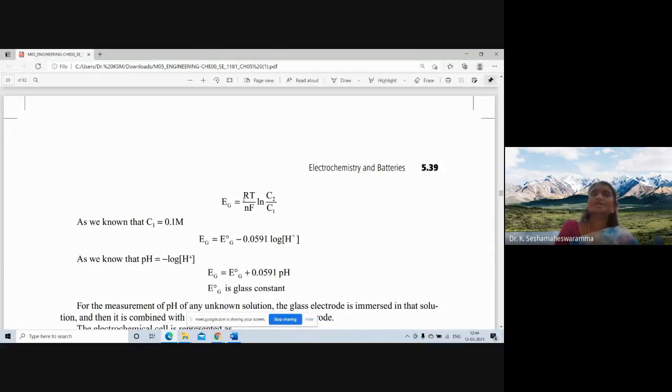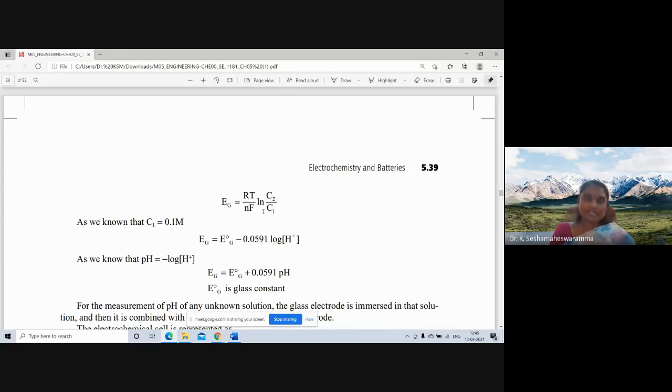So here Eg is equal to RT by nF ln C2 by C1. Here C1 and C2 are concentrations, and C1 we know, that is the 0.1 M HCl we took. Eg represents the electrode potential of the glass electrode. Eg is equal to E0G minus, as per the Nernst equation, 0.0591 log H plus.